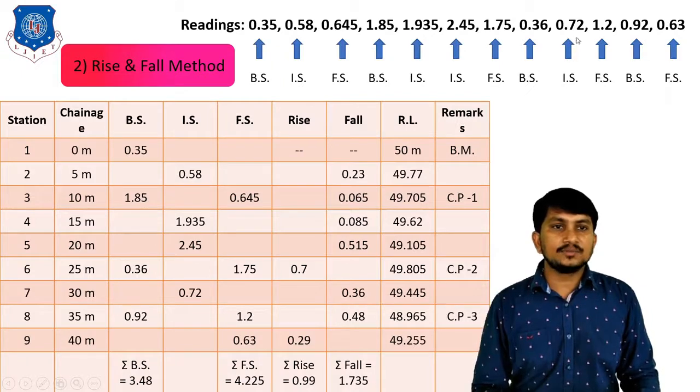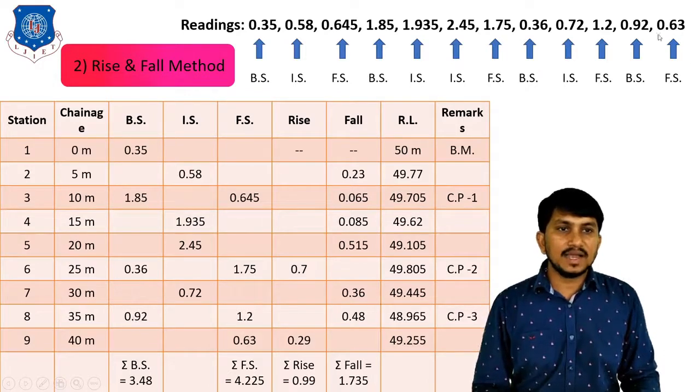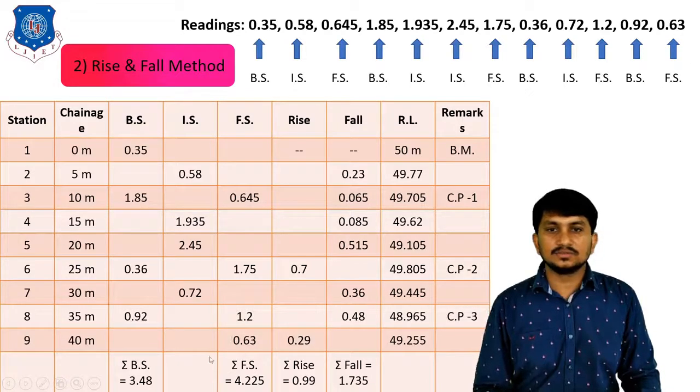Next is IS 0.72, so it is written in the IS column. Next is FS, so it is written in FS. When FS comes, there is a changing point. At the changing point, two staff readings are taken, so the next BS reading is also at station number 8. The last reading is FS, so it is written in the FS column.